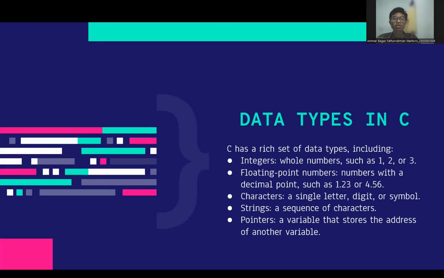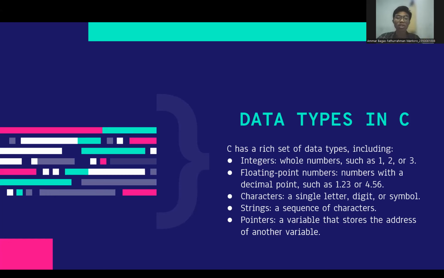And then next is floating point numbers. Floating point numbers represent numbers with a decimal point, such as 1.2, 3, or 4.56.